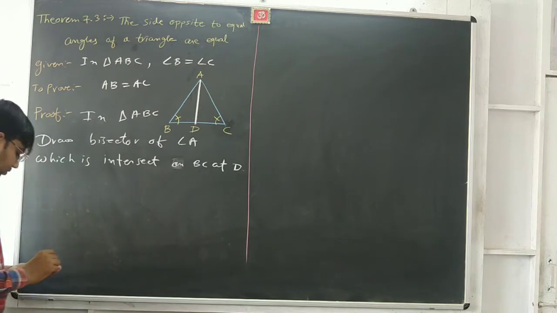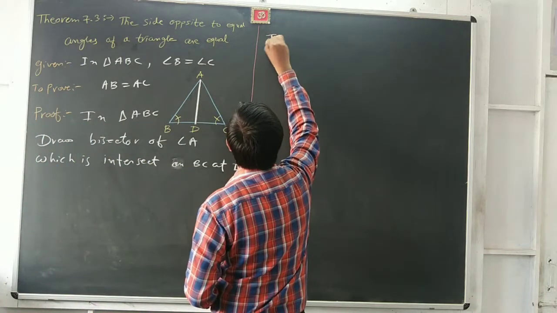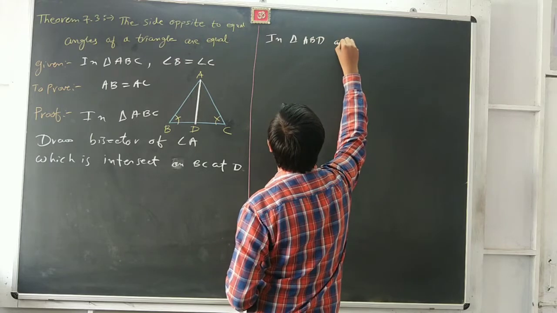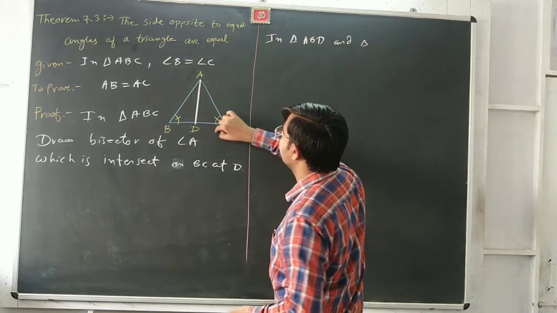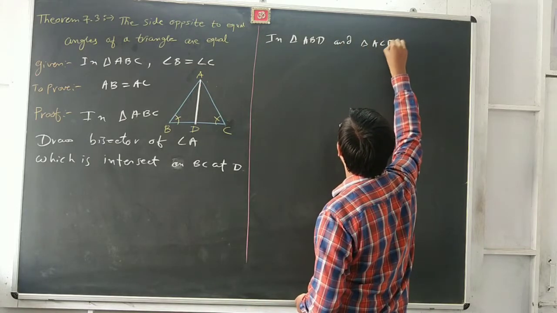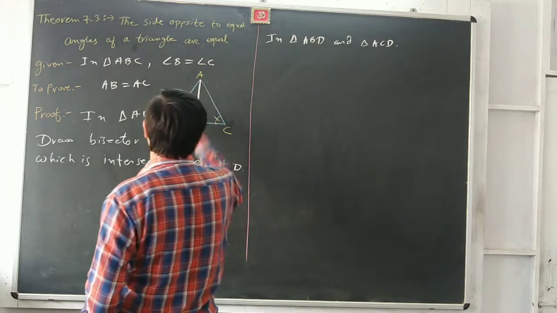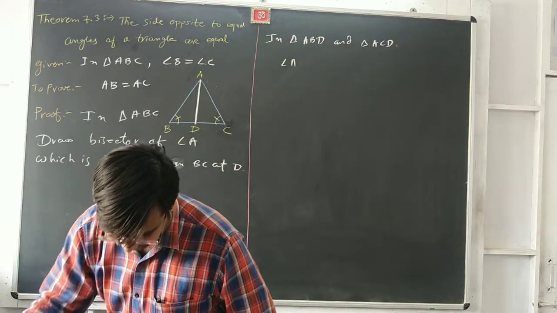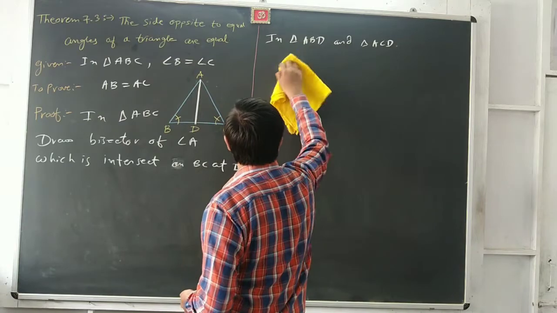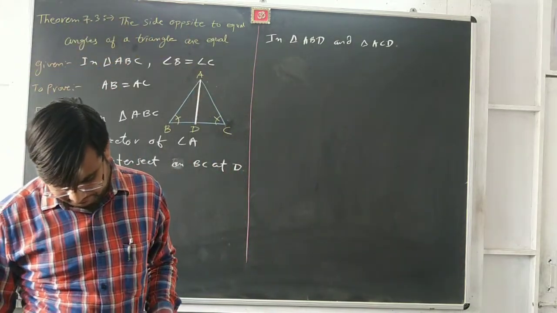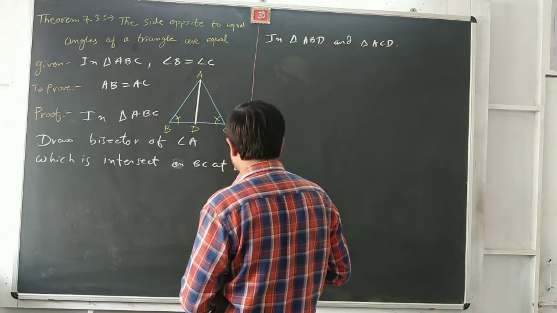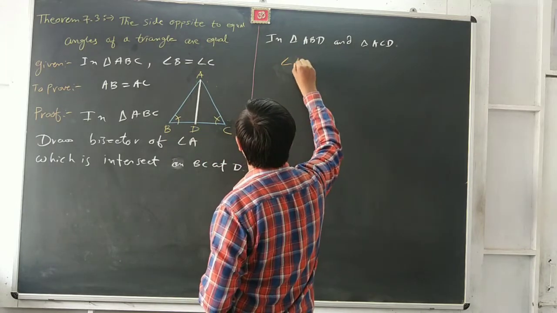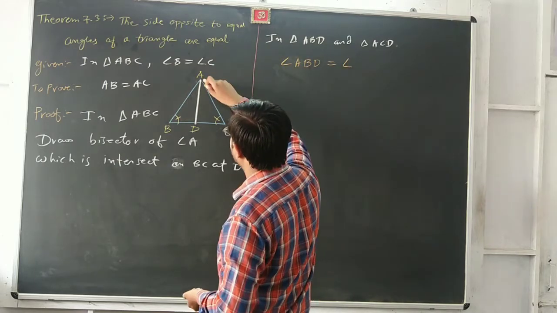Okay, we are writing. Now, in triangle ABD and triangle ACD, first of all, it is given that angle ABC is equal to angle ACD.